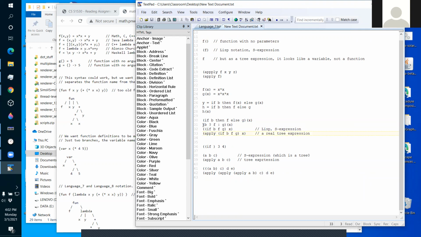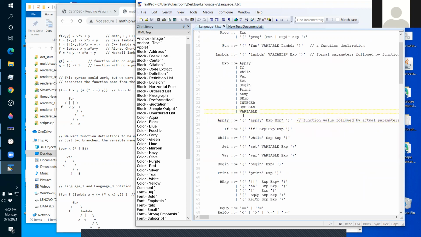But the deep idea is that in the syntax, what do I apply? The result of that expression to those arguments. And there's no reason to think that that thing is just a variable. It's not going to just be a function name. In the programming you're used to, you call F or G or H. But now we want to get to thinking more abstractly.